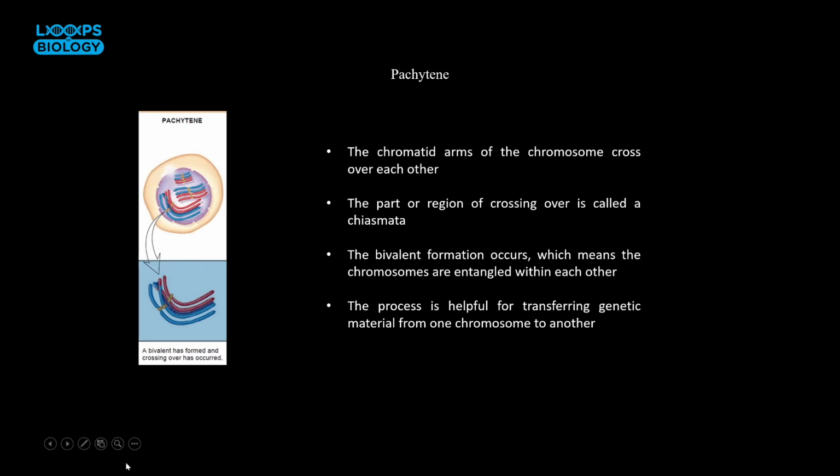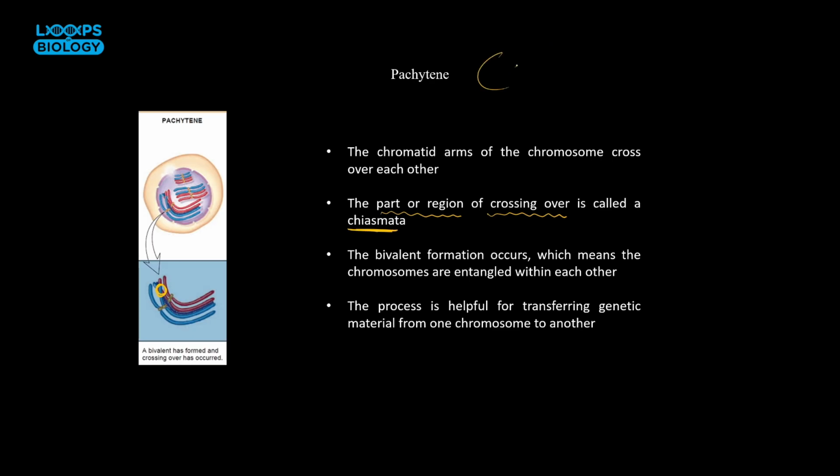Next is pachytene. As the companions are attached to each other, they try to mingle with themselves, and during that mingling they overlap their chromatid arms on each other. You can see here that the chromatid arms are overlapped, and as soon as the overlapping takes place, that is called crossing over. The region where the crossing over takes place is called chiasmata.